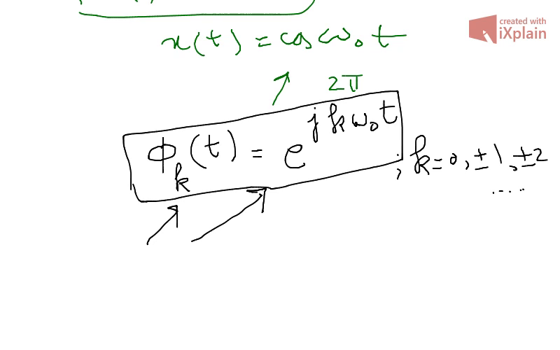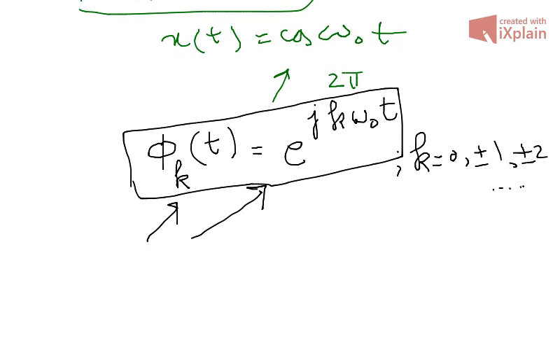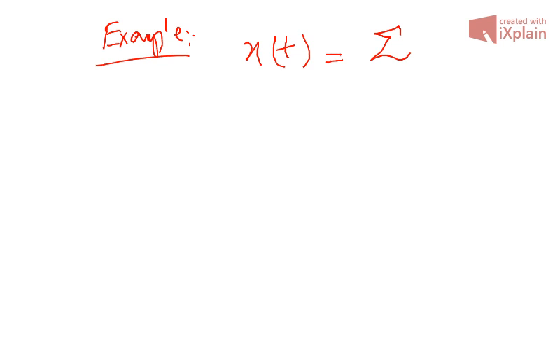Let's try to solve an example of a real signal x of t, which can be written as a summation for k from minus 3 to plus 3 of a sub k e raised to power j k omega naught t.